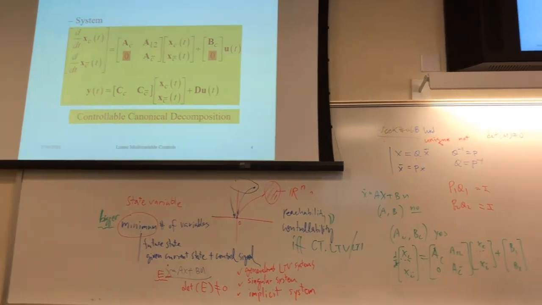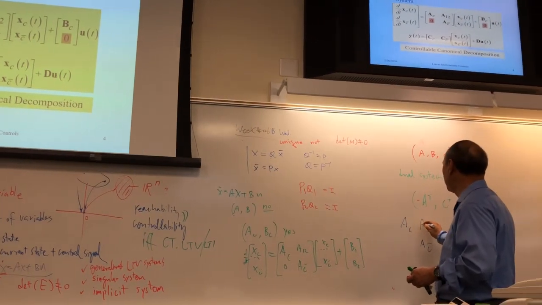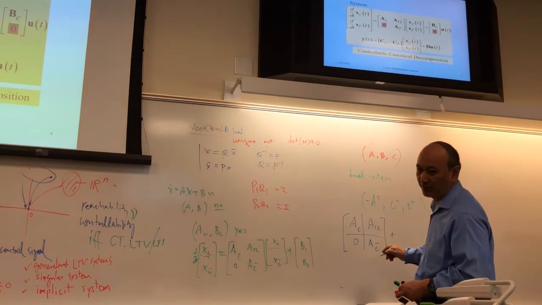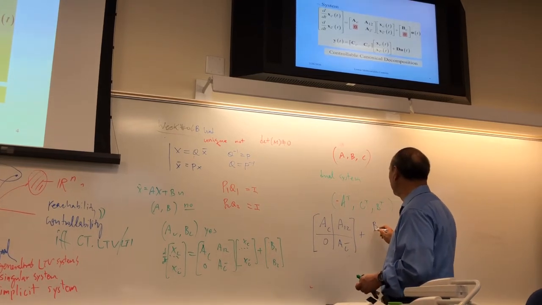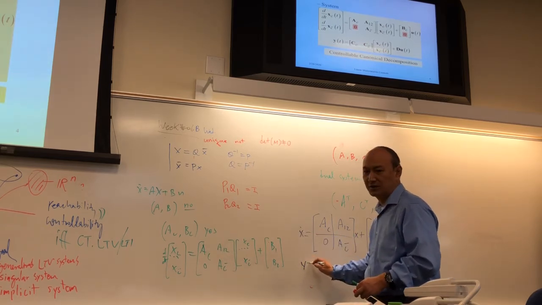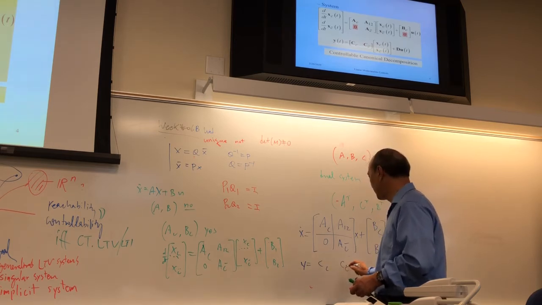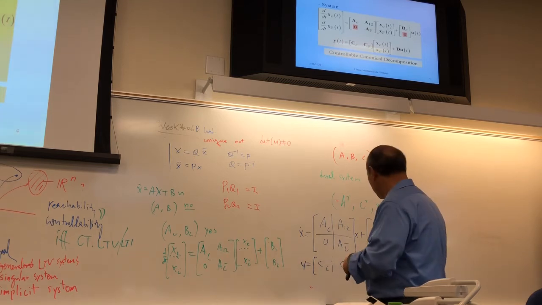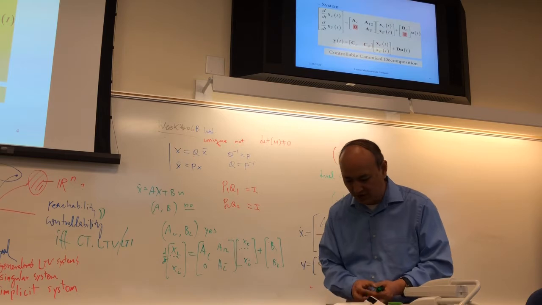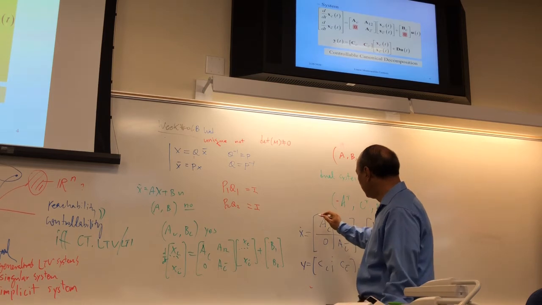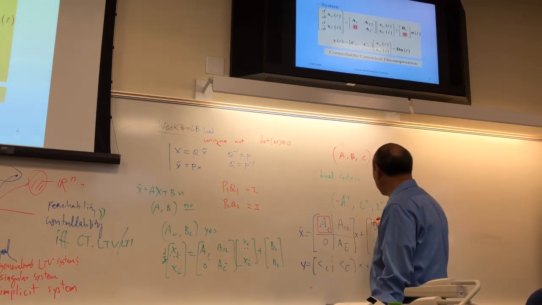AC bar, A12, 0, and here is BC bar. In fact, y is CC bar, x plus Du, so we know that this thing must be 0. Now we need to study this one and this one.